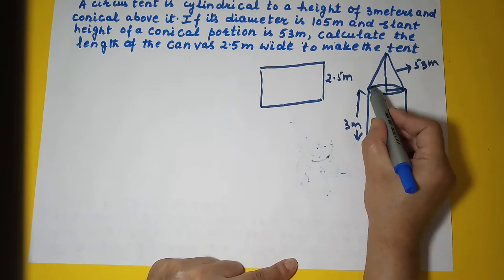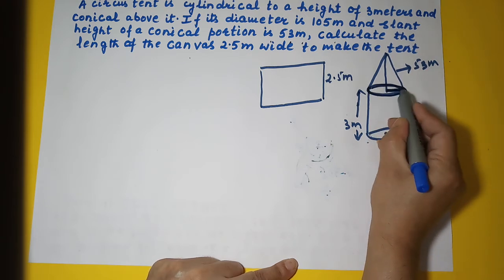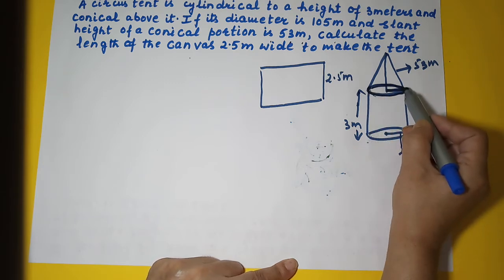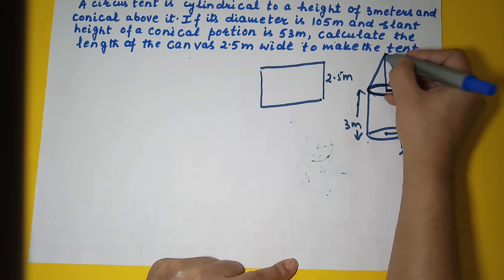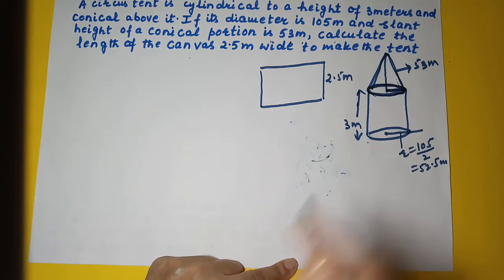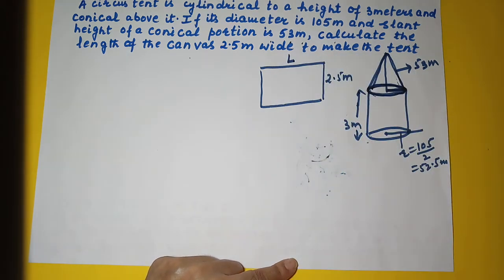Now he wants us to calculate the length of the canvas which we can use. Now one thing you have to understand here is that the radius of the conical base and the radius of the cylindrical base are the same, because the conical portion is standing on the cylindrical portion, right? Again the same thing.